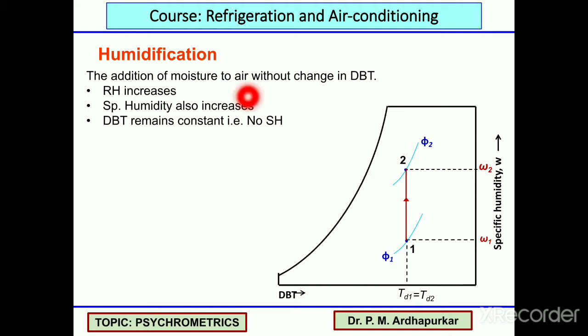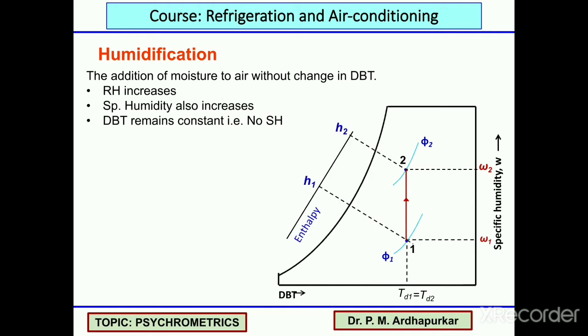So, in conclusion, during the humidification process, that is addition of moisture to air without change in dry bulb temperature, relative humidity increases, specific humidity also increases and dry bulb temperature remains constant. That is, there is no sensible heat interaction.